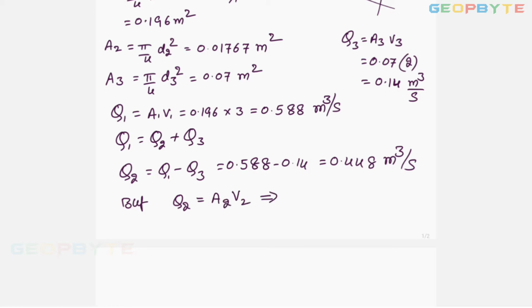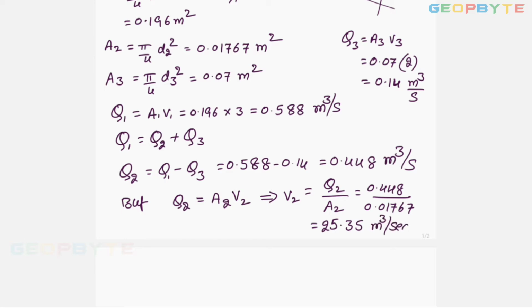From this, v2 equal to Q2 by a2, Q2 0.448, a2 0.01767. You simplify this value for getting 25.35 meter per second. That is how the problem can be solved.